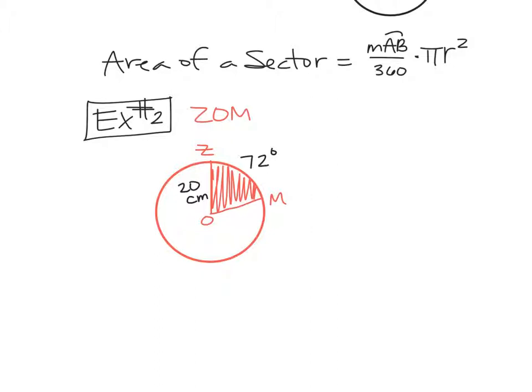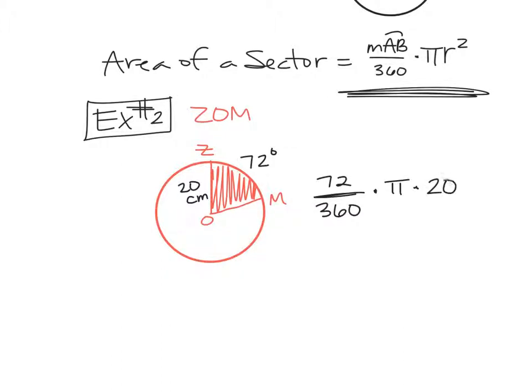Okay, so if you look at that formula, what's my numerator going to be? 72, right? It's the measure of the arc. So 72 over 360 times pi times what? 20 squared. You want the radius squared, right? 20 is the radius right now.